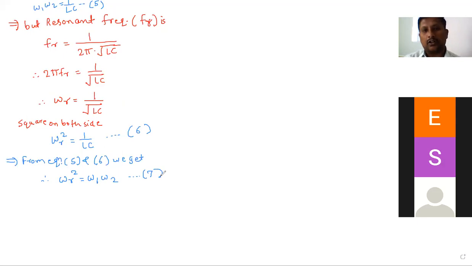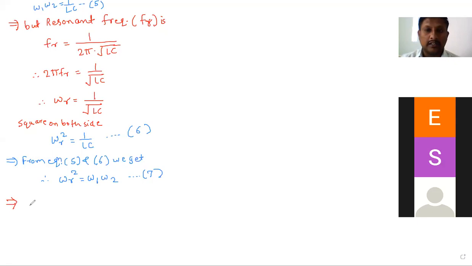Okay. So we got a relation between angular resonant frequency and angular cutoff frequencies omega 1 and omega 2. Okay. Now next step, whatever new step is there, I will write with the help of red pen.